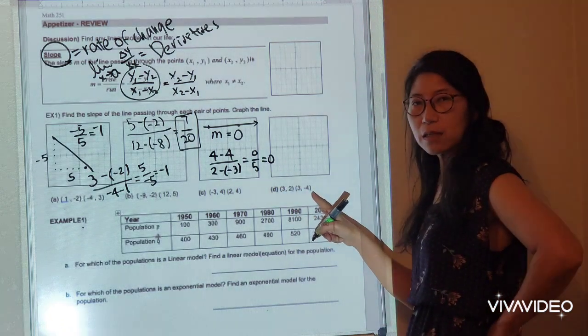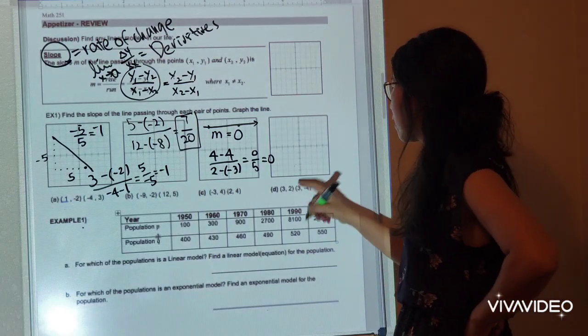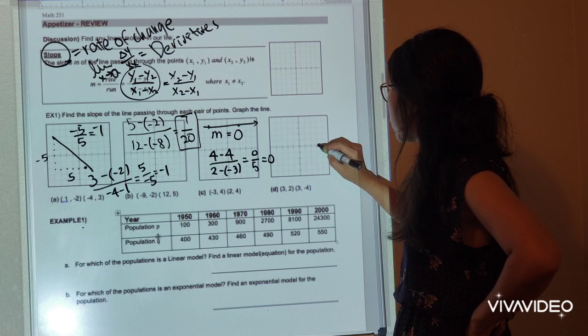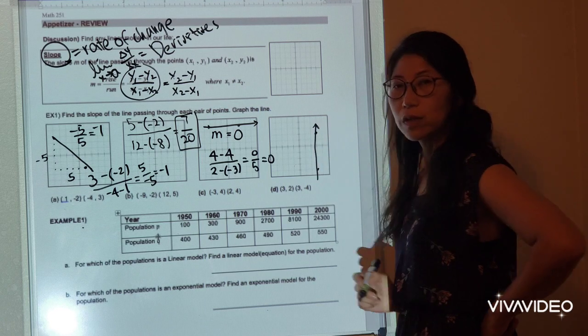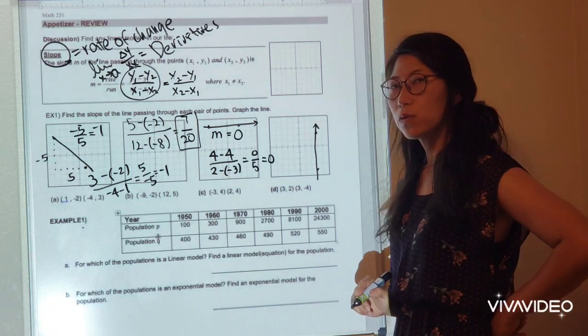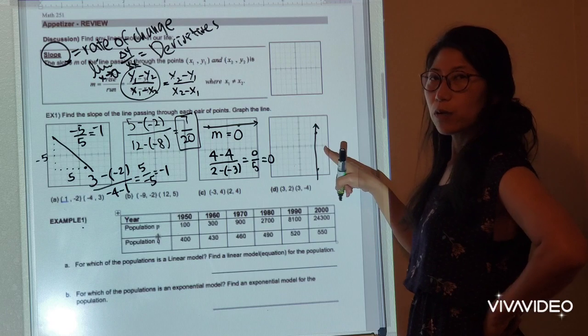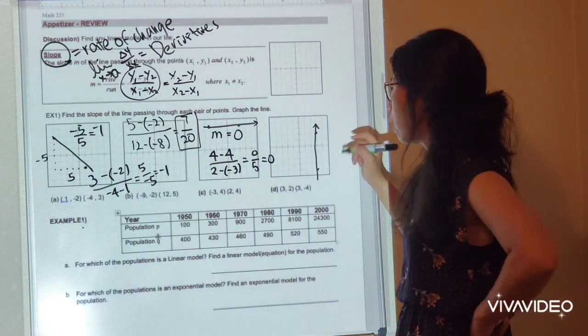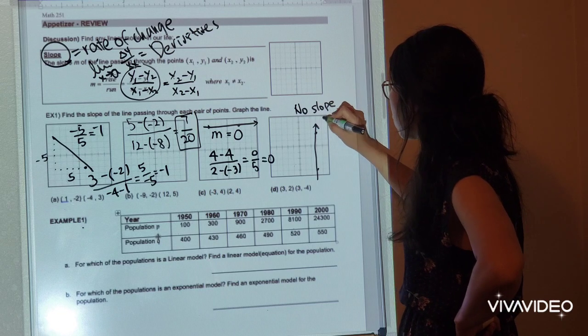Then think about D. I'm going to graph this one, and that is going to be (3, 2) and (3, -4). I want you to think about it for a second. When we have a vertical line, think about it this way: we cannot walk. So we say no slope, undefined.